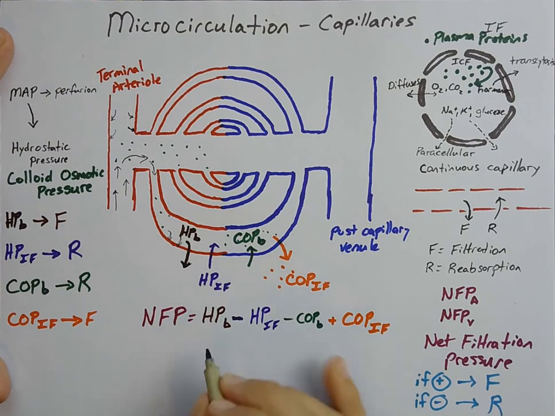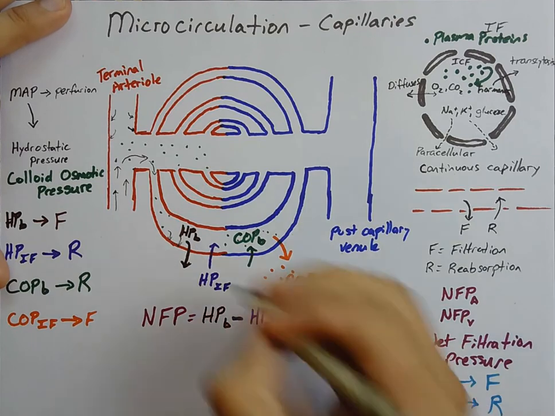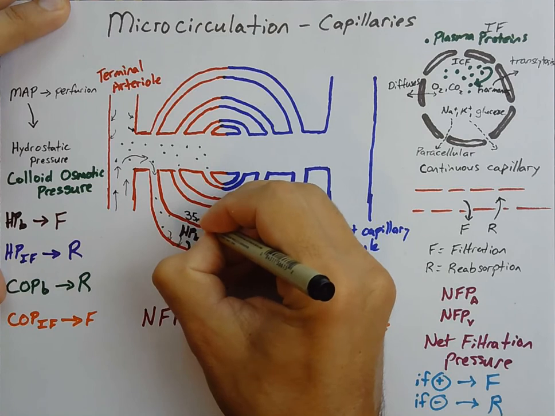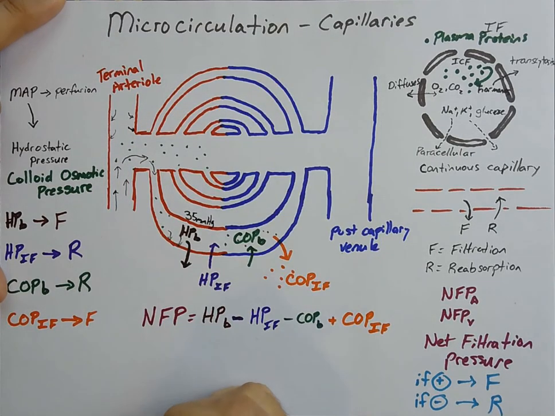So what we're going to do is some calculations. We need to first look at hydrostatic pressure in the blood. The typical hydrostatic pressure in the blood is approximately 35 millimeters of mercury as it enters this capillary bed.